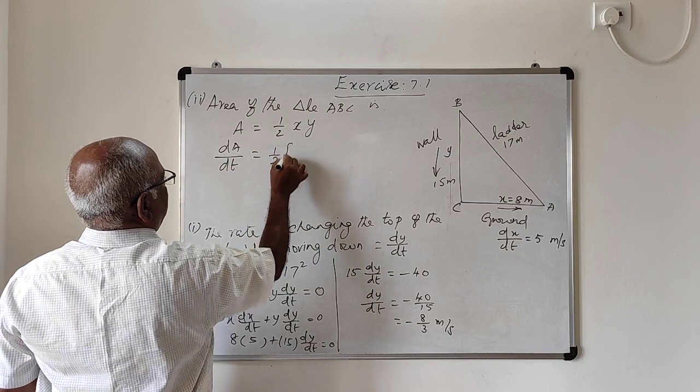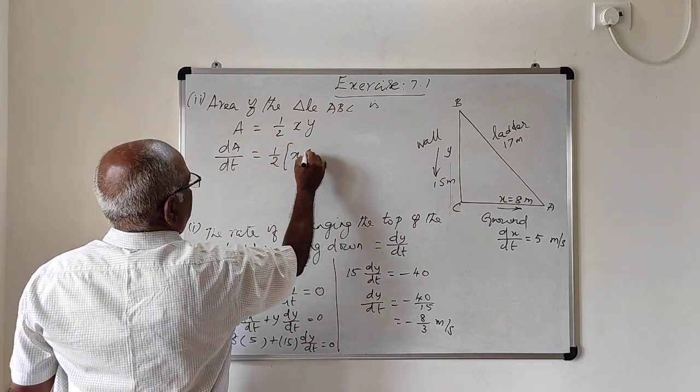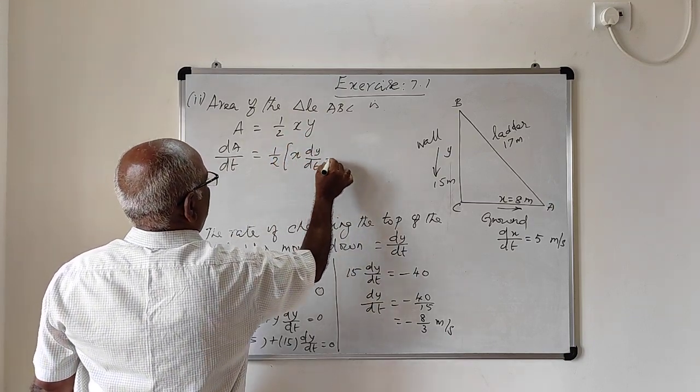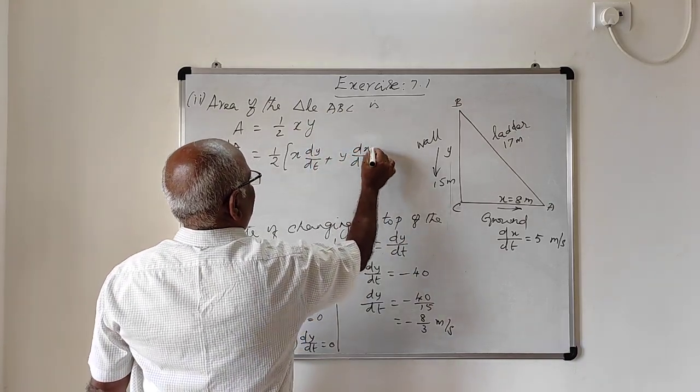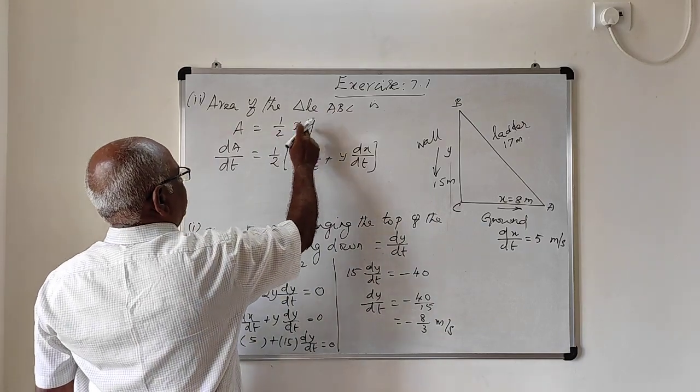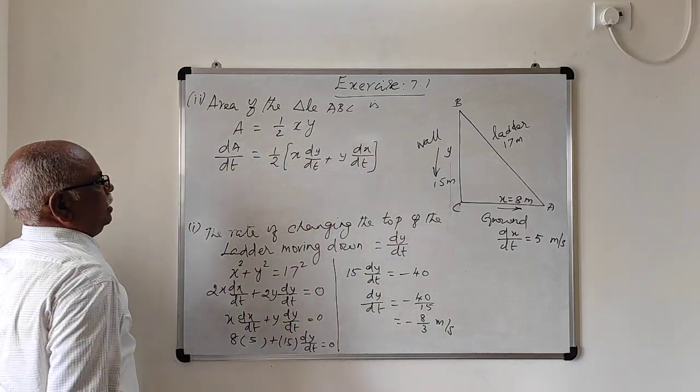Using the uv rule: keeping x constant, y derivative, plus keeping y constant, x derivative. x into dy by dt plus y into dx by dt.